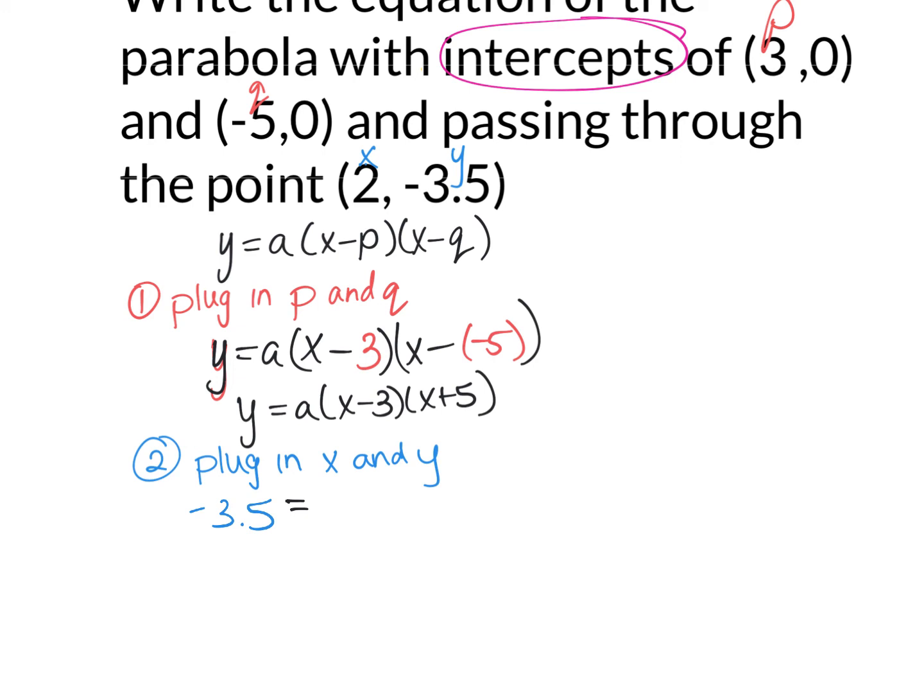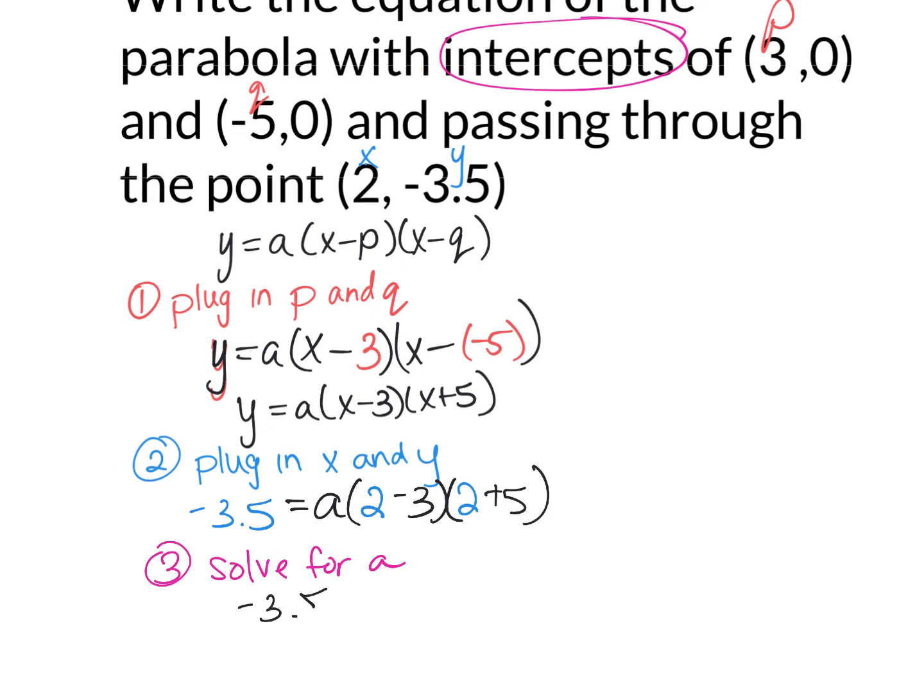What I've seen as I've been walking around today, students are plugging in the y for the x and the x for the y, the h for the k, and so on. So make sure you're putting them in the right spots. a times (2 - 3)(2 + 5). And then solve for a.